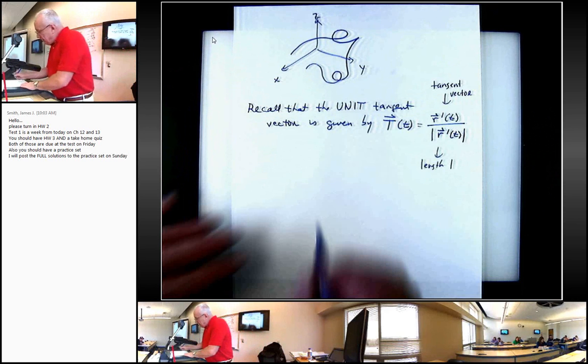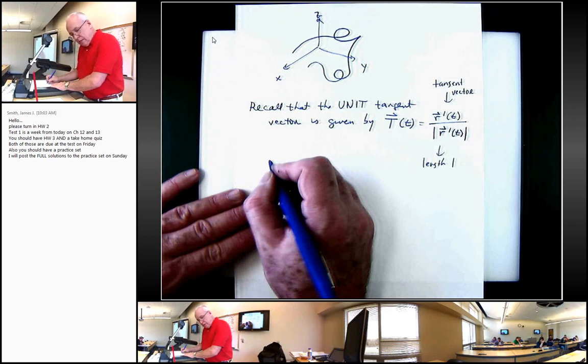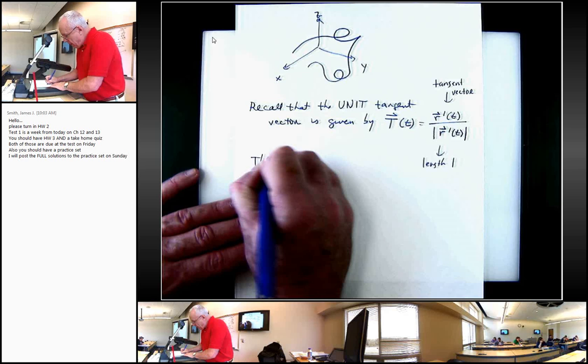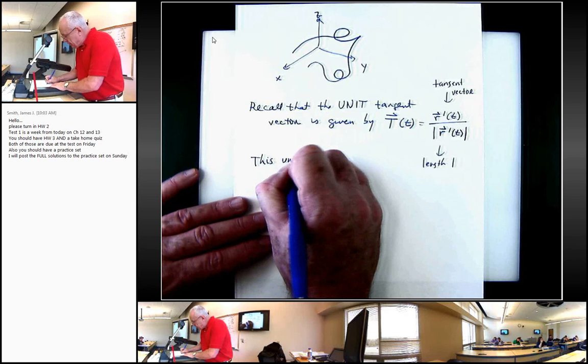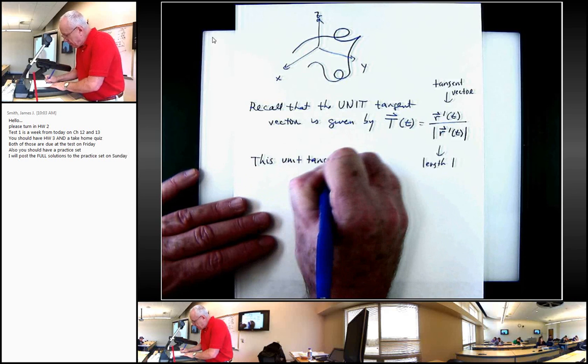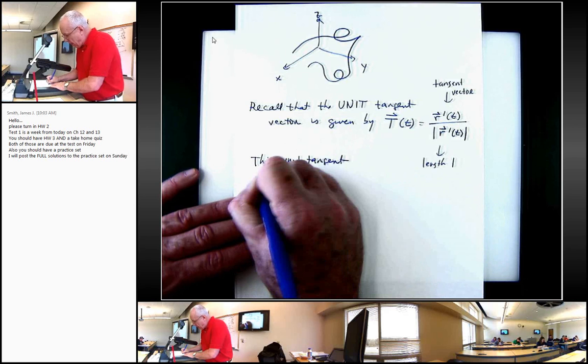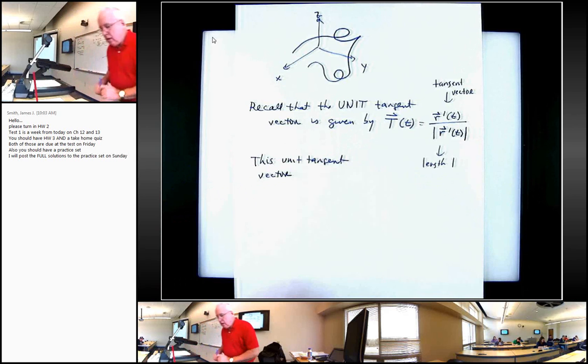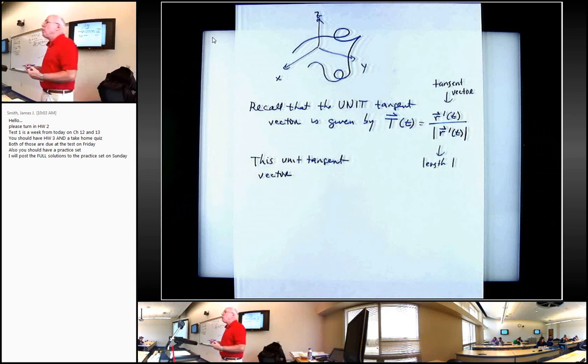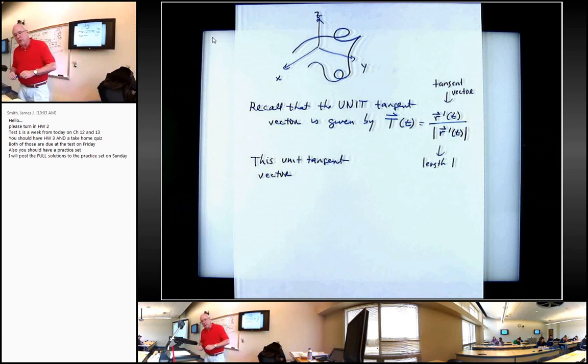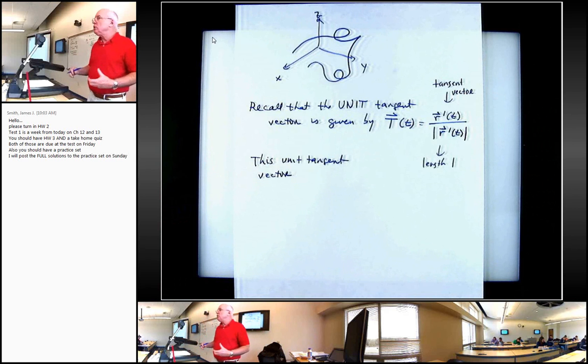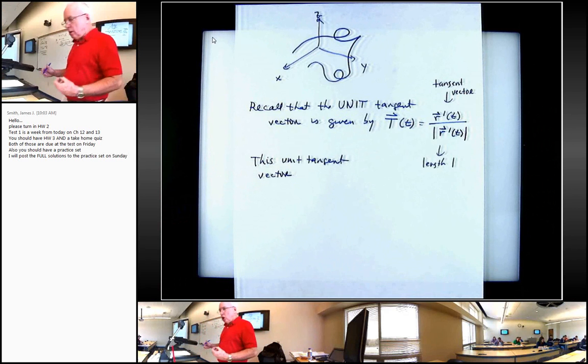Now, this unit tangent vector changes direction more quickly when the curve bends or twists more sharply.